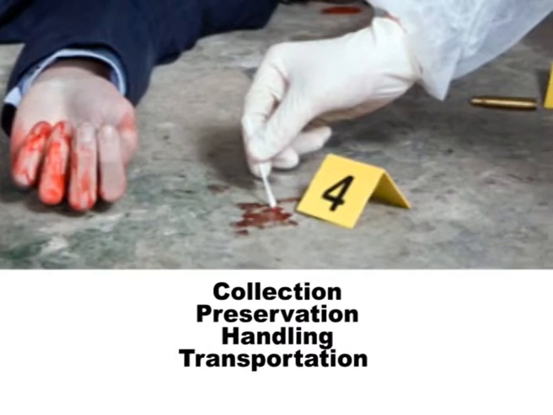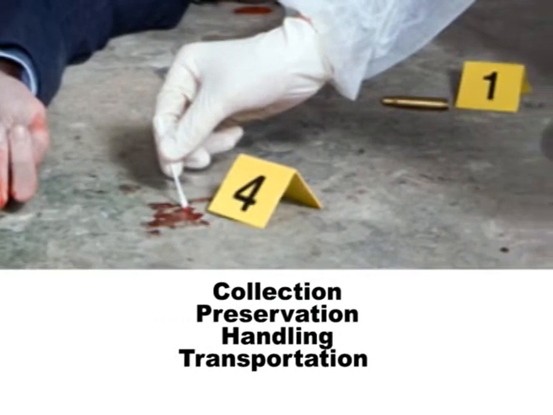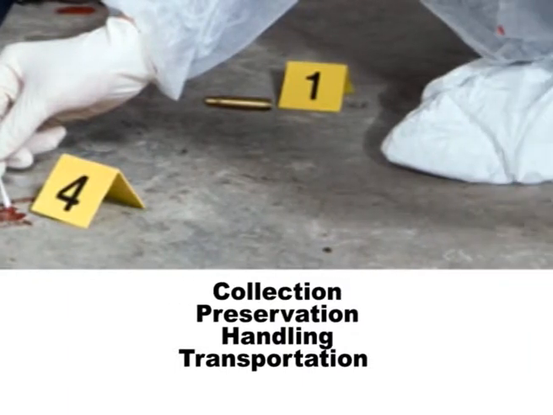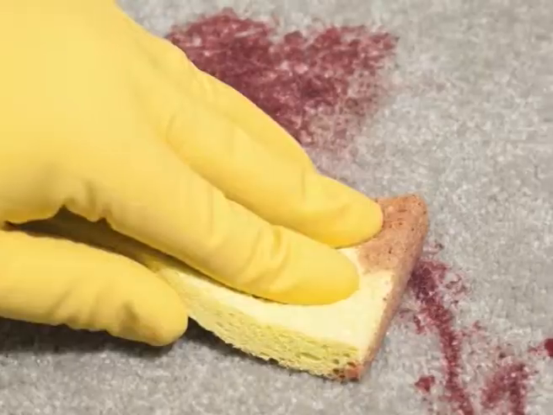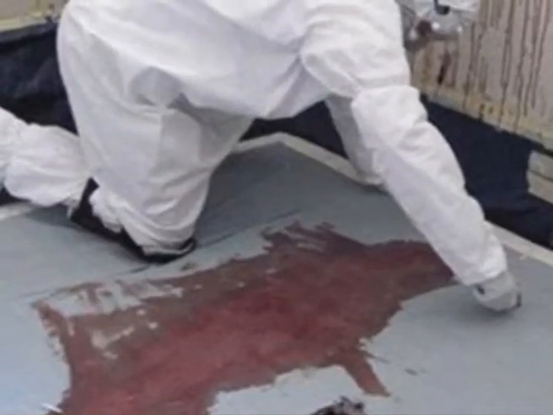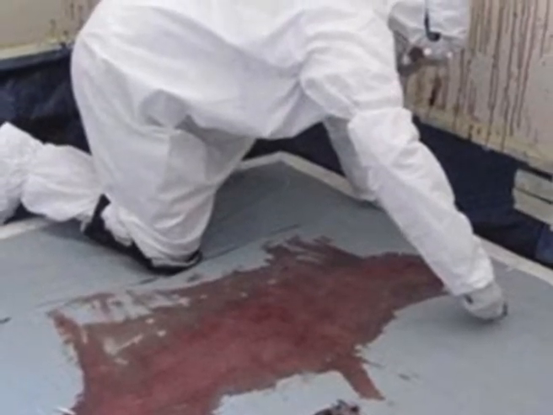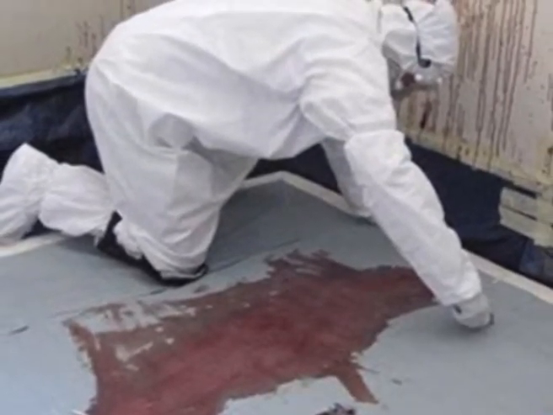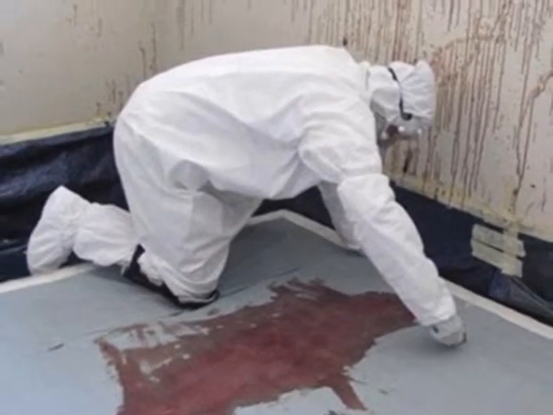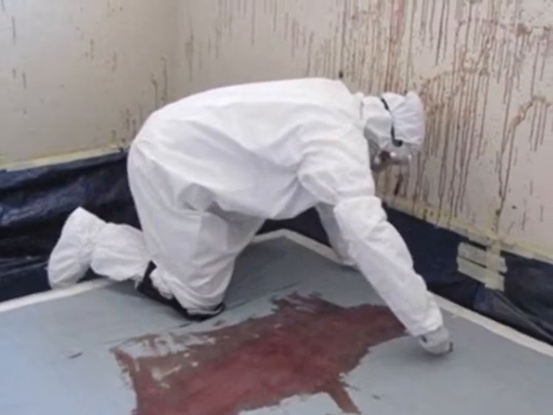Proper collection, preservation, handling and transportation of the exhibit to the Forensic Science Laboratory leads to a good result. If the blood is in a wet condition, take a swab and FTA paper, and if the blood is in dried form, we could use a swab, cutting, scraping, collecting the entire item, or lifting methods for collection.